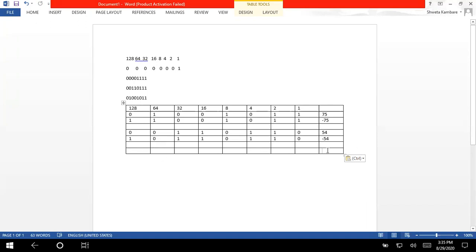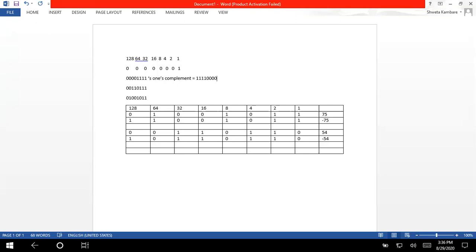Now let's talk about the 2's complement representation method. 2's complement means what you have to do is take its 1's complement, meaning invert all these bits. Its 1's complement is equal to 11110000.